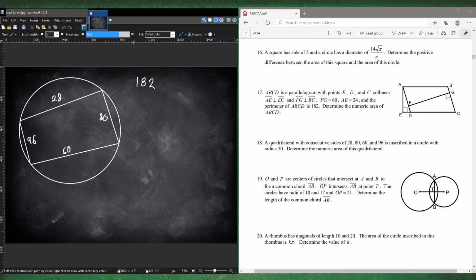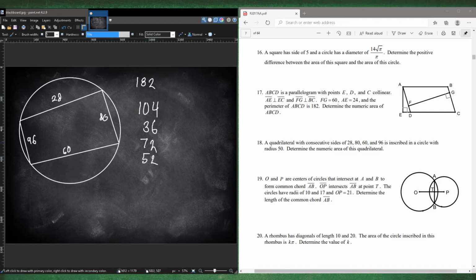Then from this number, you subtract each of the four side lengths. So 132 minus 28, we get 104. 132 minus 96, we get 36. 132 minus 60 is 72. 132 minus 80 equals 52.